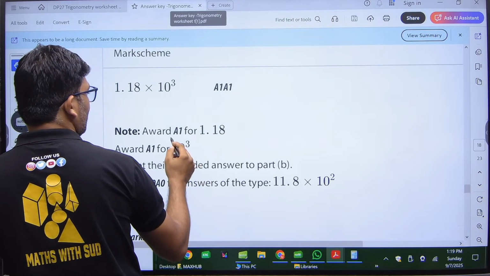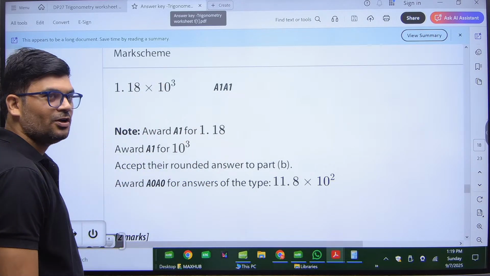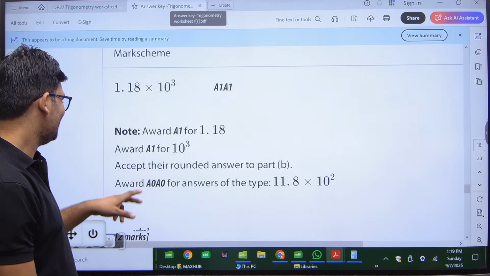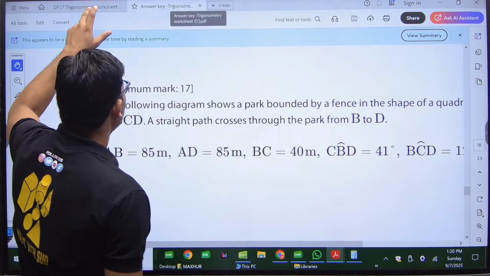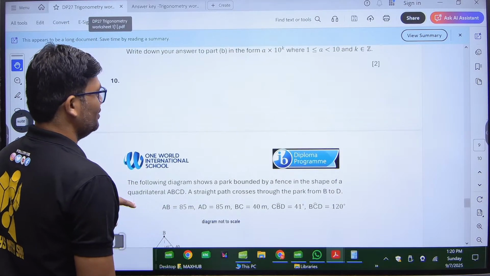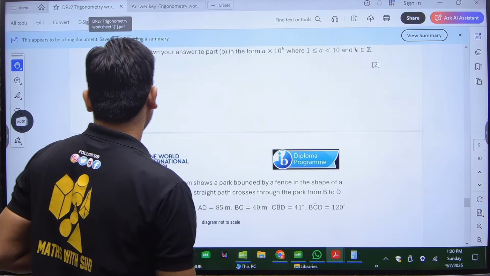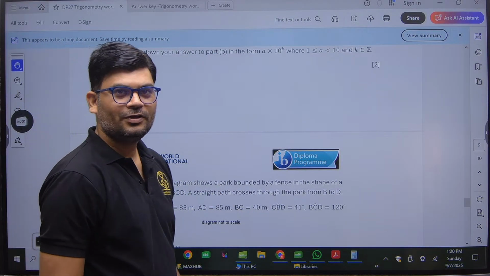So award A1 for 1.18 and A1 for 10 to the power 3. Okay, 2 marks to write this. So do we lose marks if we write the full form, like 1.1...? That's up to the marking scheme.